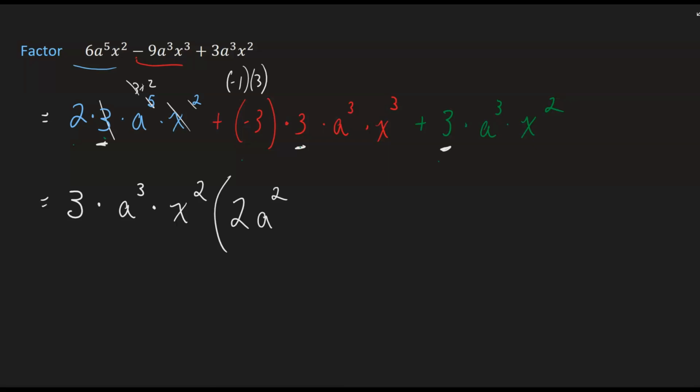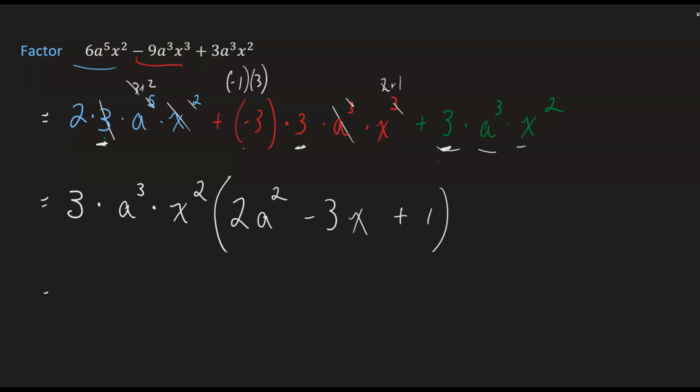And the second one, we're left with -3. A cubed, we use them all up. X squared, that is 2 plus 1. We used up 2 of them, so x. And the last one, 3a cubed x squared, we've used them all up, right? So this will be a +1.